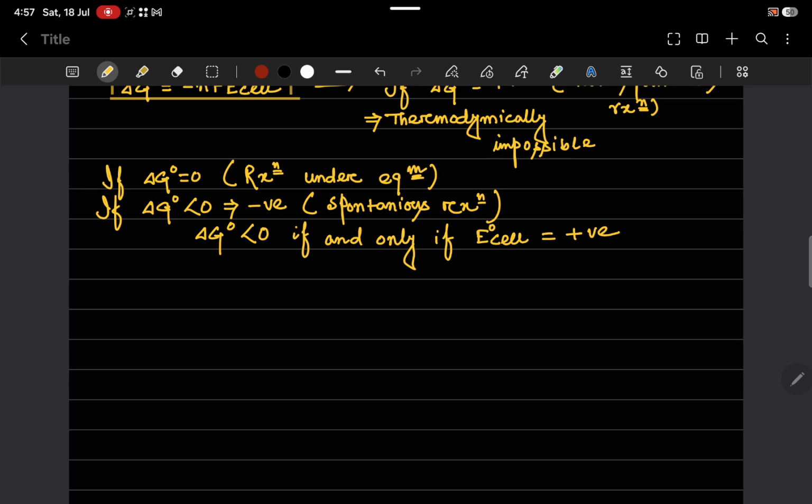So now we have to understand from where we can get the E0 cell value.